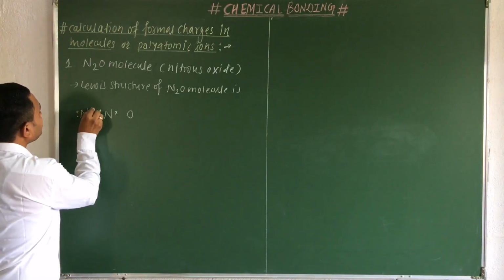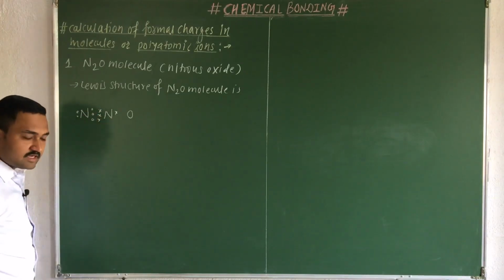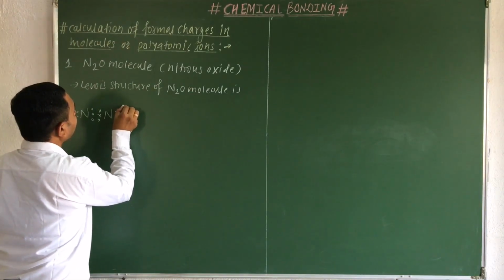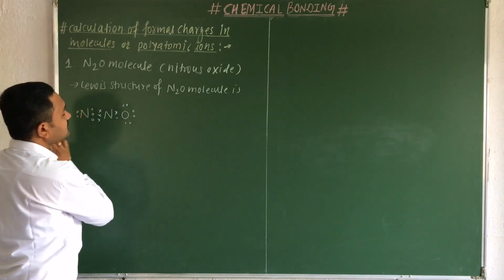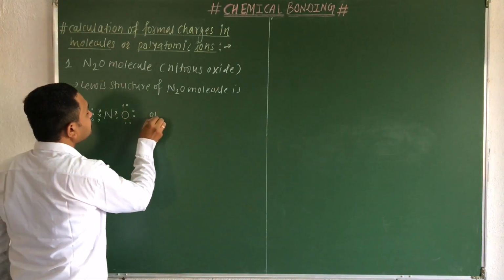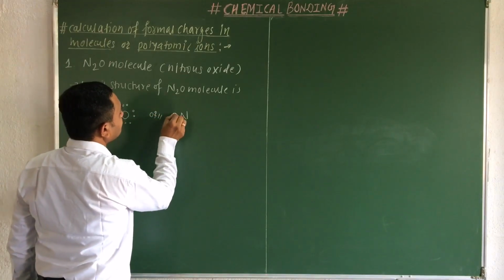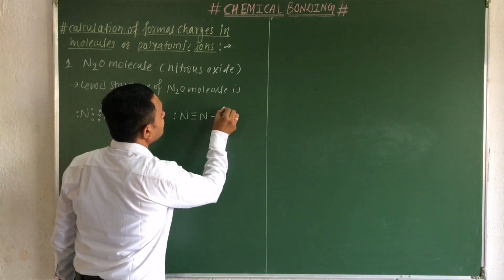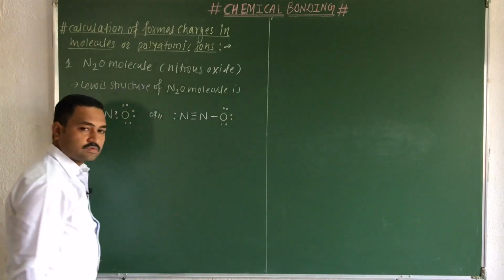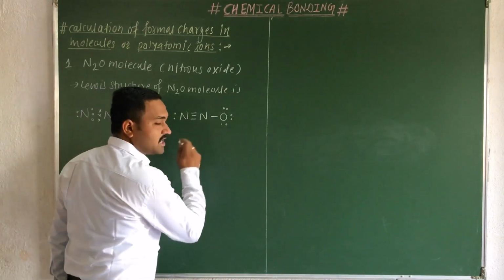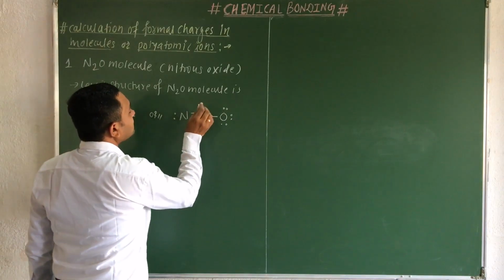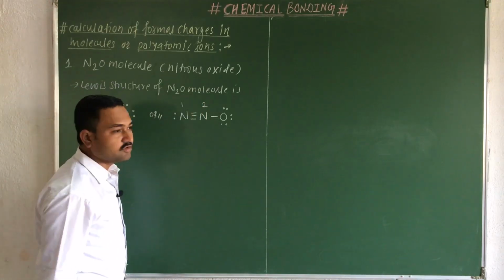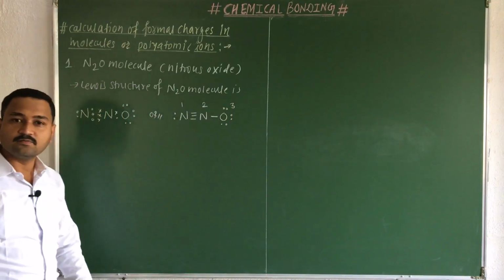So here this nitrogen atom forms the triple bond with this nitrogen atom, and this oxygen atom will form the single bond with this nitrogen atom. We can again simply draw this structure like this: N with its lone pair of electrons, N, O with the 3 lone pairs of electrons. So I am going to mark each atom in this molecule. I give the first number to this nitrogen atom, second to this nitrogen atom, and third to this oxygen atom.